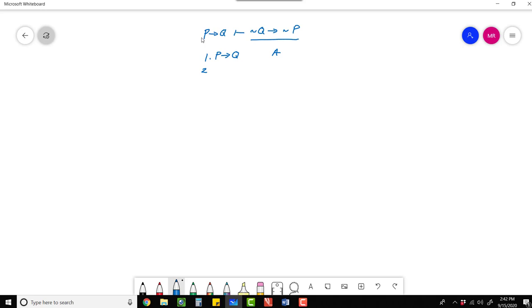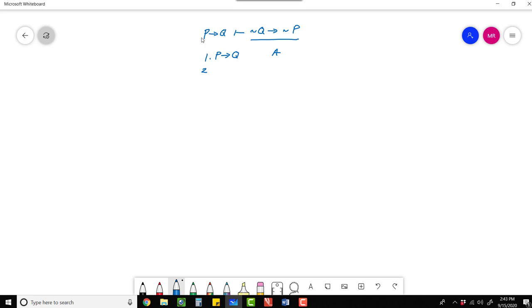Now, if you're trigger happy and you've just learned negation introduction, you find yourself wanting to start off with a negated conclusion, and at this point, that's usually a bad idea.